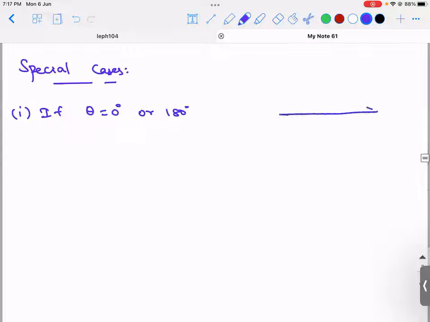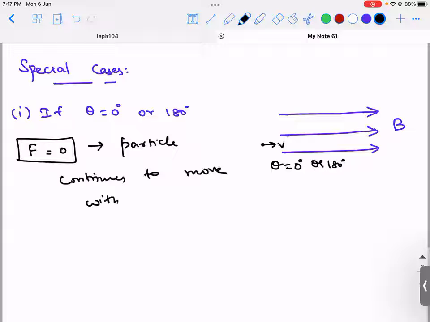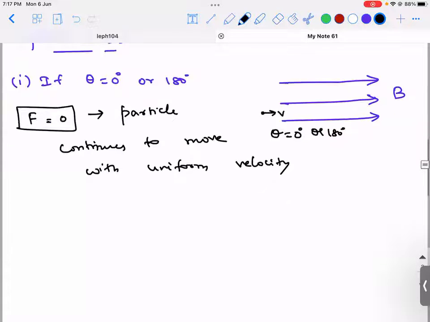Means if there is a magnetic field of this sort existing, and a charged particle is projected with velocity at theta is equal to 0 degrees or 180 degrees, what will happen to the force? Force will be 0, means the particle continues to move with uniform velocity. Okay, accepted. So particle continues to move with uniform velocity.